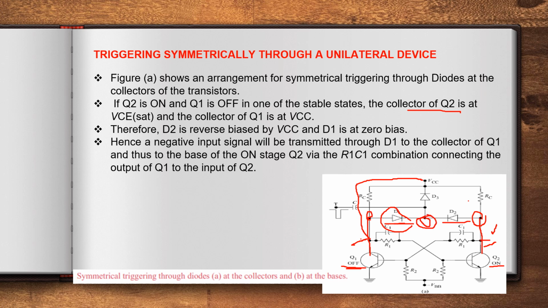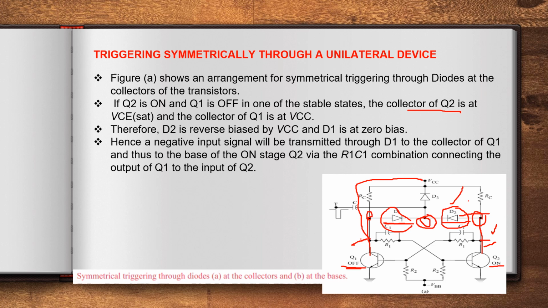So the cathode of D2 is at VCC, but the anode of D2 is at VCE sat. VCE sat is less than VCC, so diode D2 gets reverse biased. So D2 is reverse biased by VCC, and D1 has both anode and cathode at VCC, no? So D1 is at zero bias.